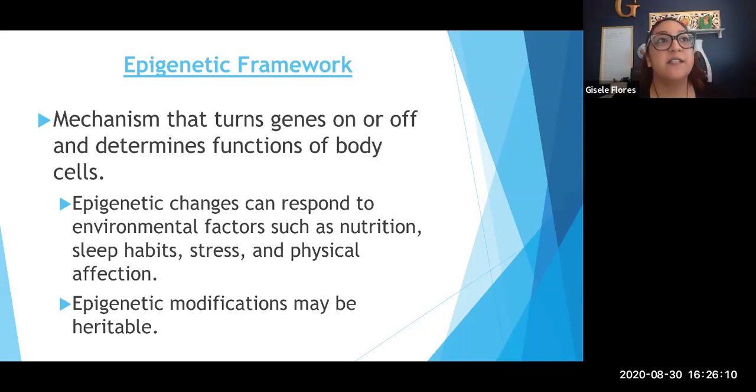Another example of this is also drug addiction. There has been a genetic link for predisposition of drug addiction.